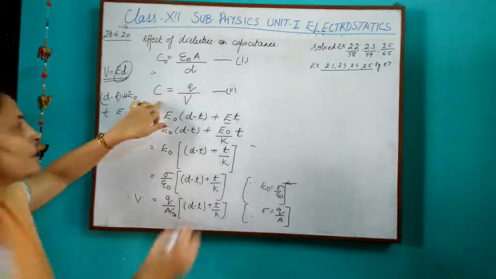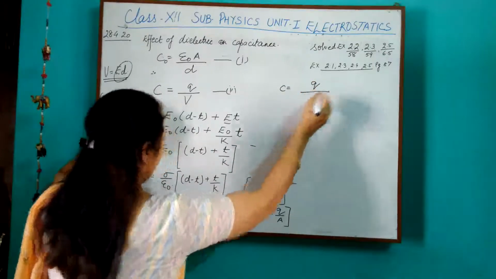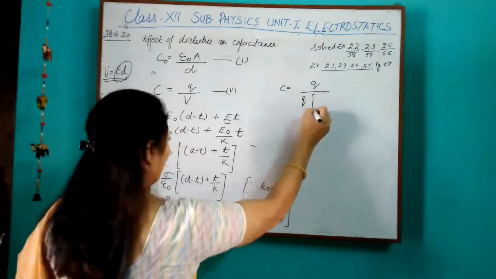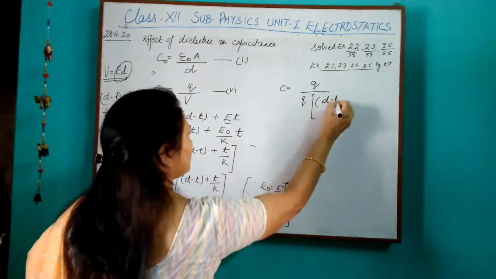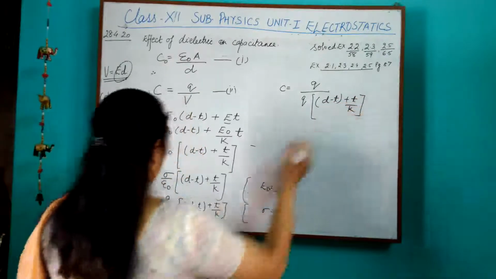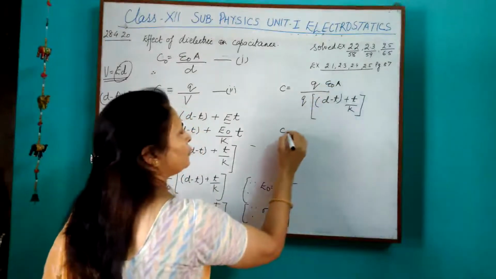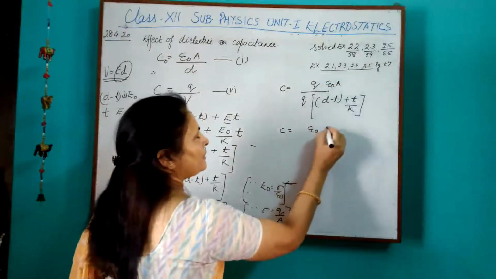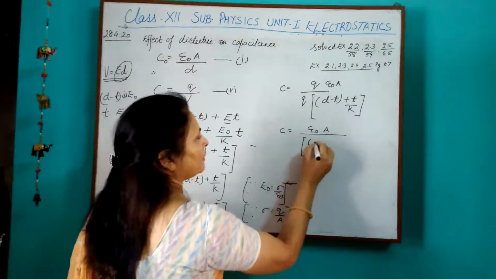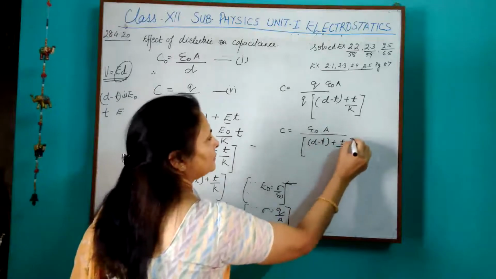So C is equal to Q upon Q times D minus T plus T upon K over epsilon naught A. This is going to give me C is equal to epsilon naught A upon D minus T plus T upon K.